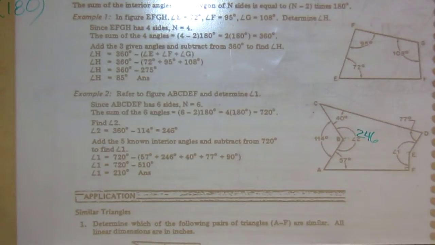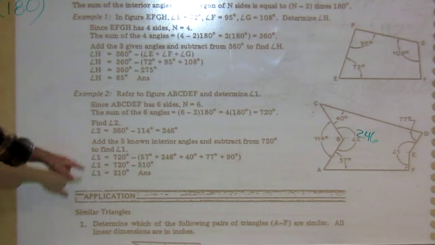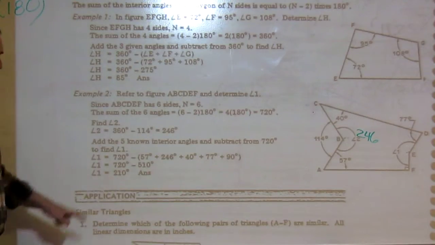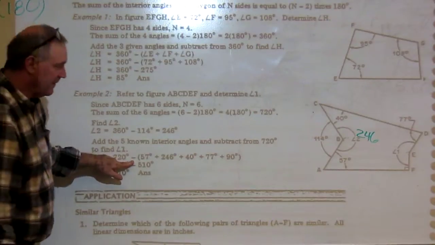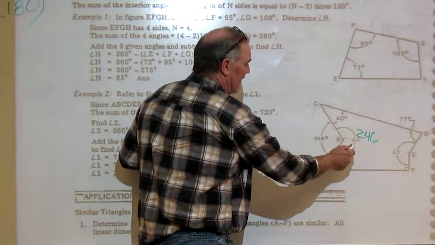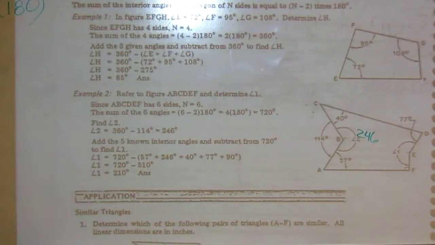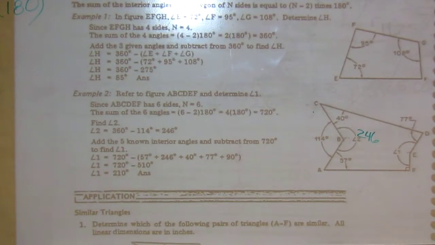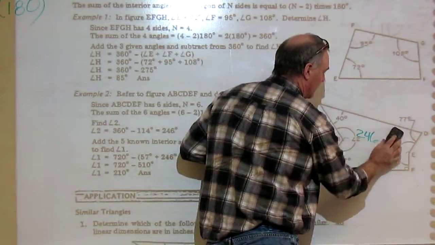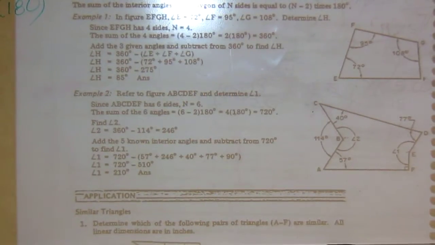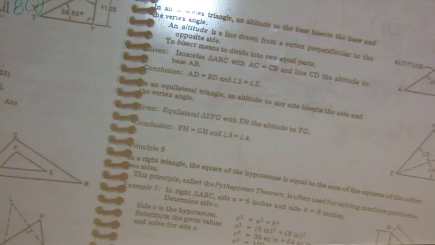They went and did angle 1 because we know all the other angles now. So we took 720 on this guy minus that angle, that angle, that angle, that angle, and that angle. Whatever's left has to be the last one. So again, another useful little calculation. I know that's a review for us, but probably one worthwhile going over.